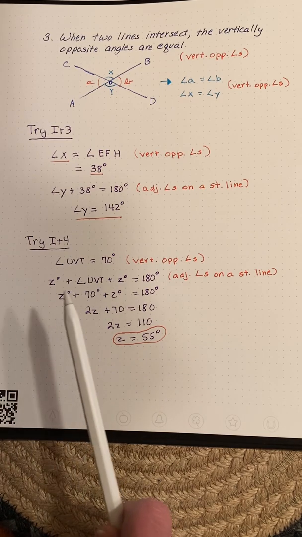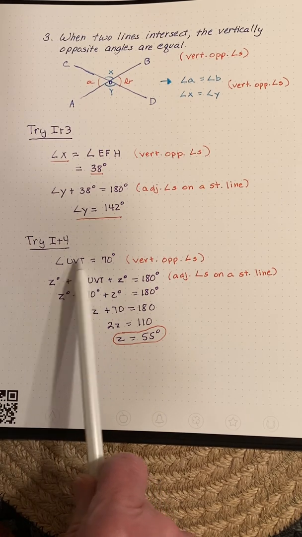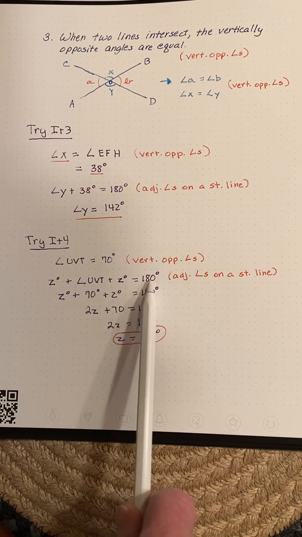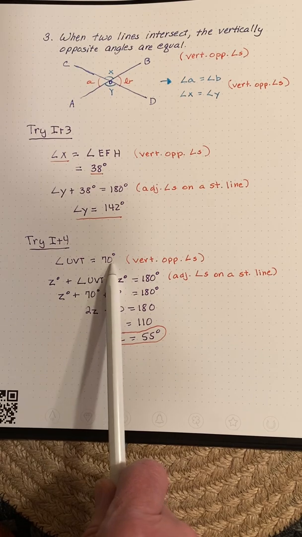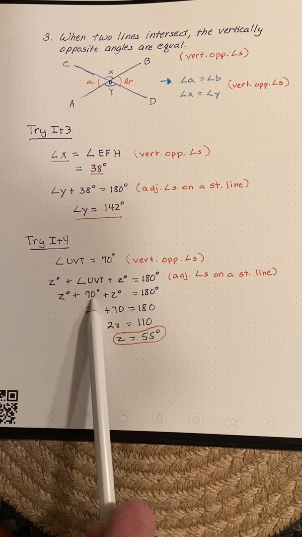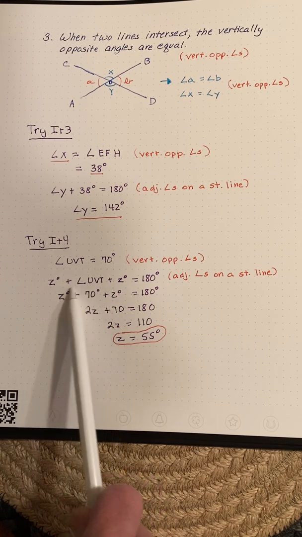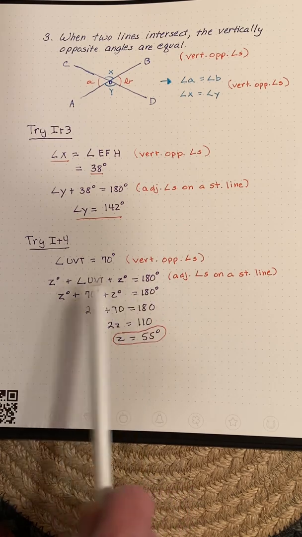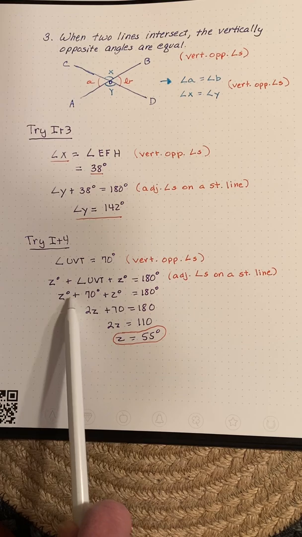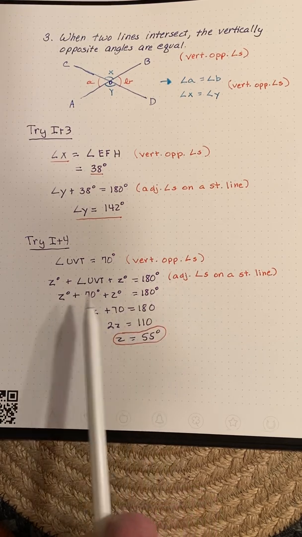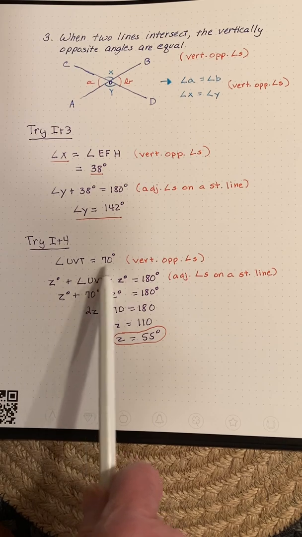So angle Z plus angle UVT plus Z degrees are all 180. I found out that UVT is 70. You could probably go straight to this step and prove it with this also, because you've already done this part.